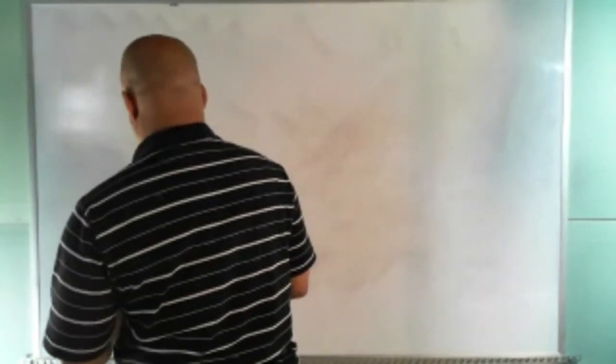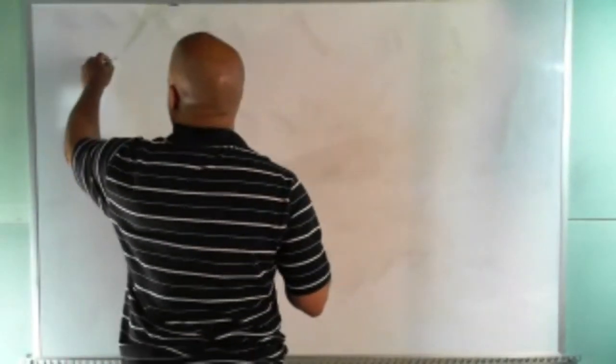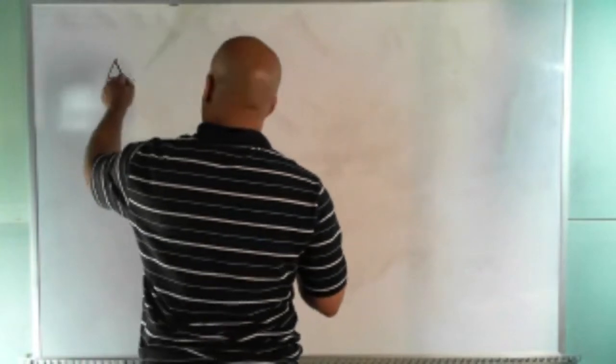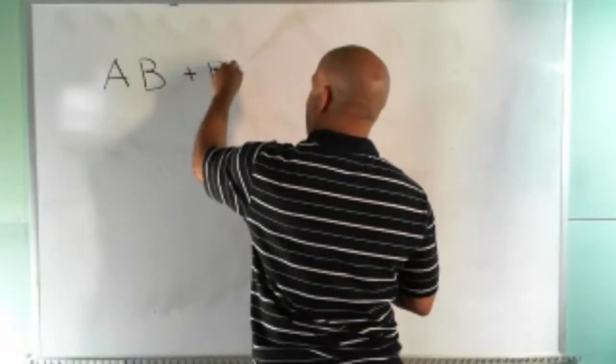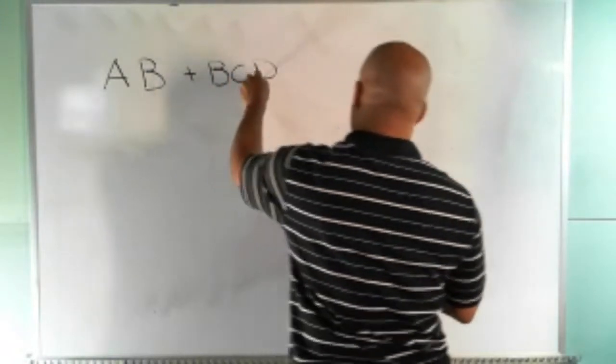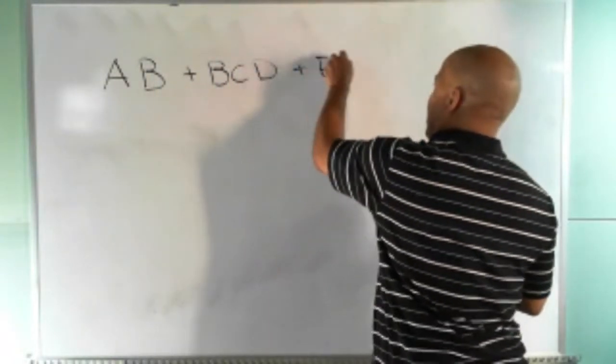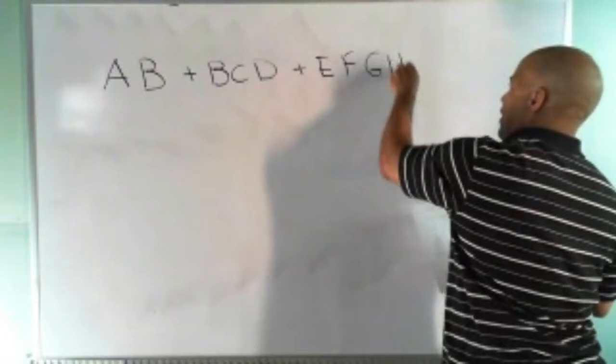And the first one I have is, I guess I wrote this down right, I hope I did: AB or BCD or EFGH.